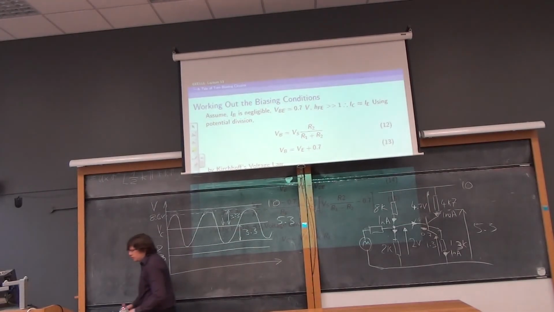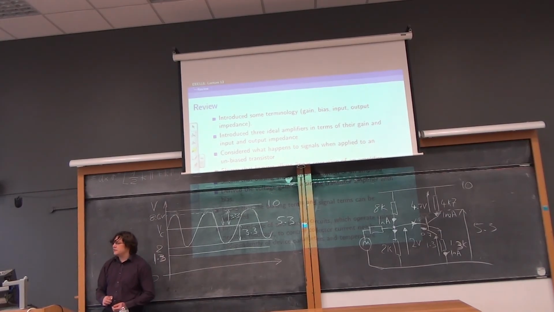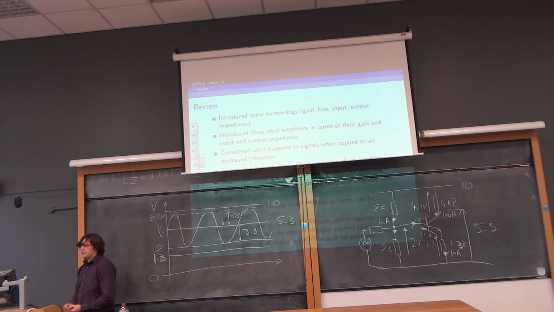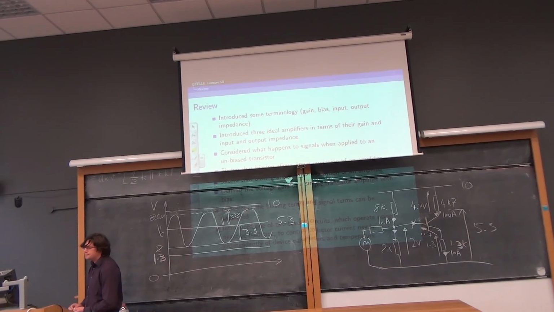Right, I think that's more or less all I've got to say actually. So I introduced some terminology about gain and bias and input and output impedance. And I said that there were 3 ideal amplifiers and that there were 2 others which deal with transconductance and transimpedance. And then I said something about what happens to signals when they're applied to an unbiased transistor. And I showed that biasing allows linear operation by setting some quiescent conditions.